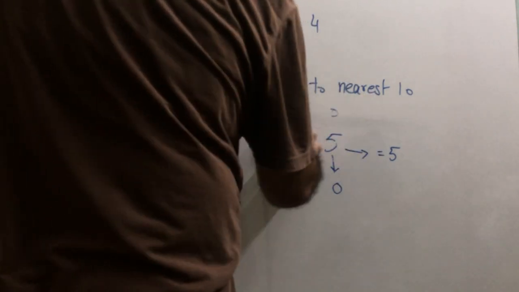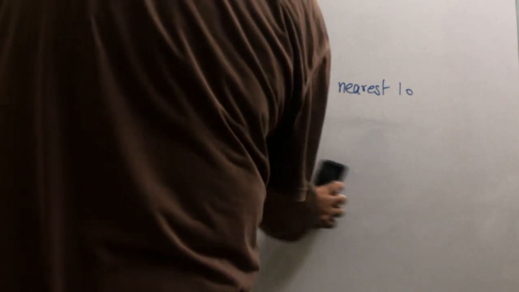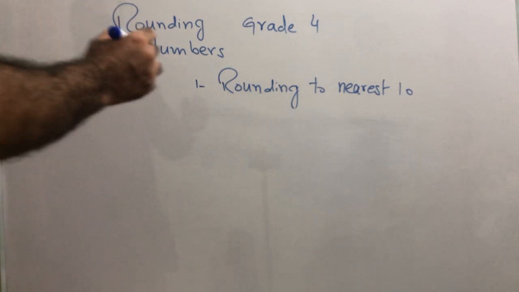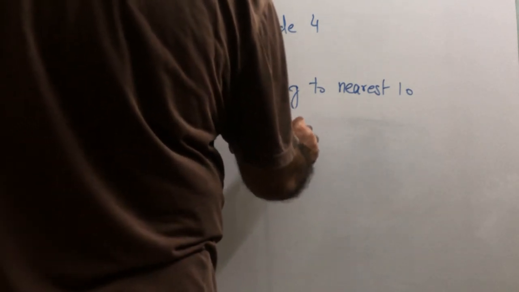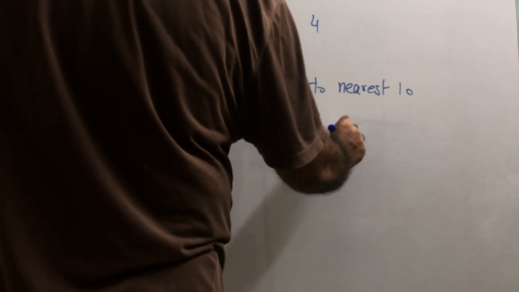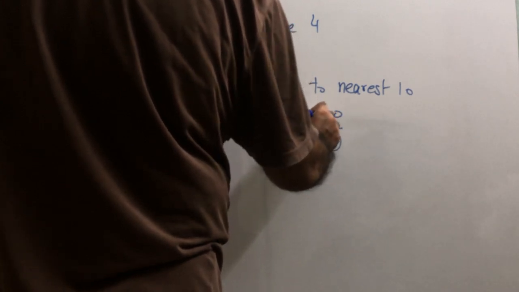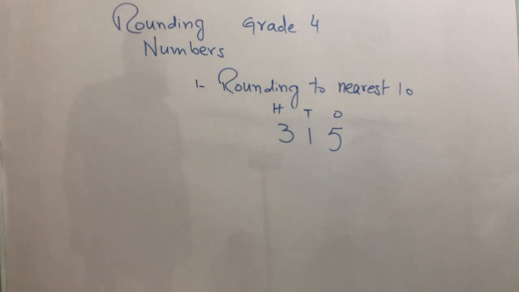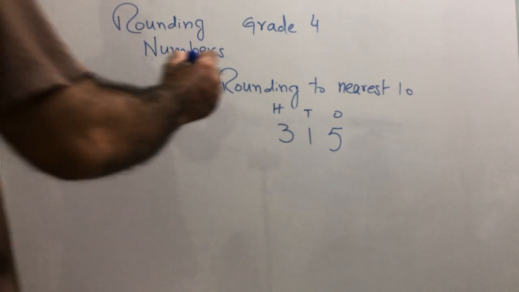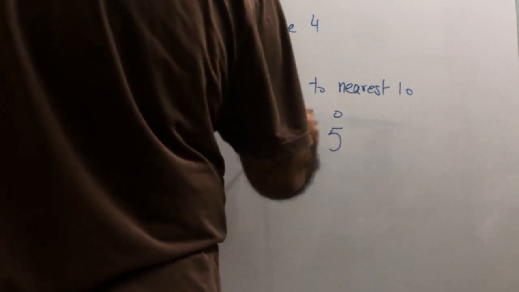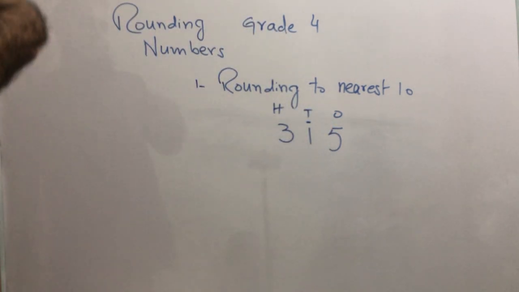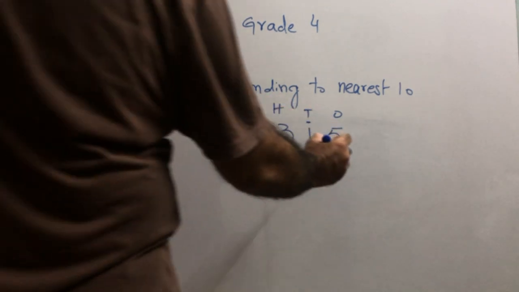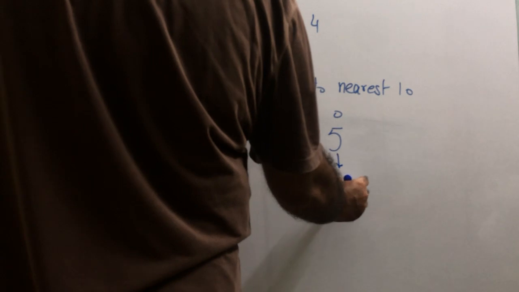Okay, we want to do more examples so that this topic should be easier for you. Let's suppose we have 315. We need to round it to nearest 10. So first place something for your identification, that you are going for rounding to nearest 10. The very first action is we don't need the ones, it becomes 0 automatically.